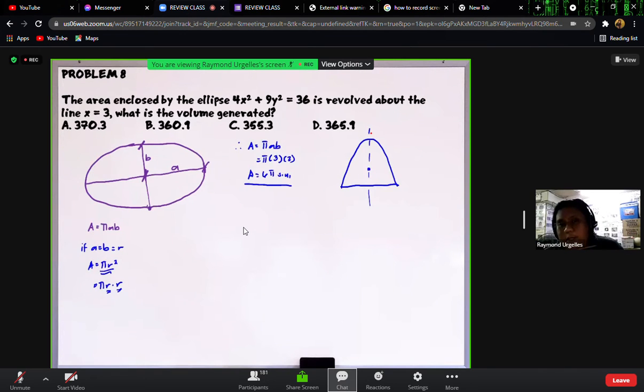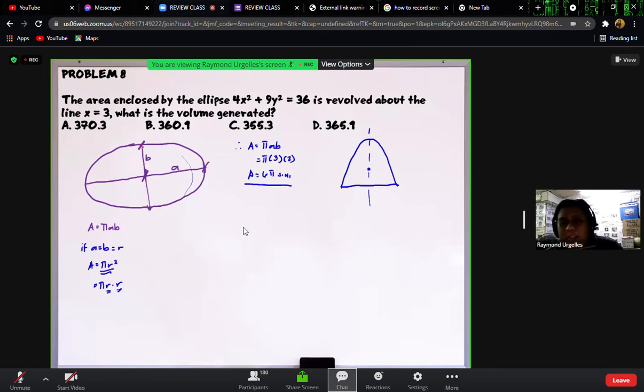Ganun din sa ibang shapes natin. Basta axis of symmetry, alam natin na nandun yung centroid ng figure natin. Kaya pag meron kayong alam na 2 or more axes of symmetry for a given figure, madali nyo hanapin yung centroid. Hanapin nyo lang yung intersection nila.